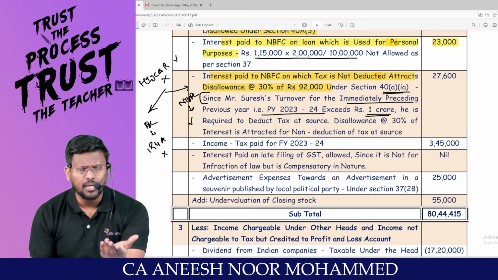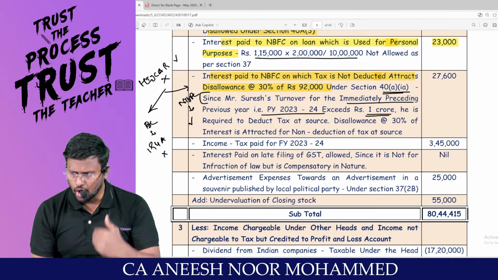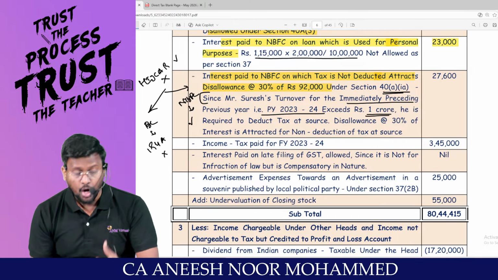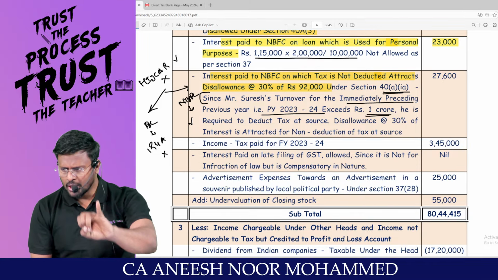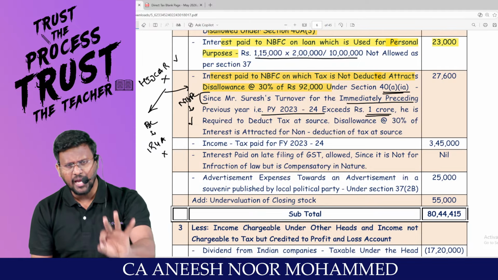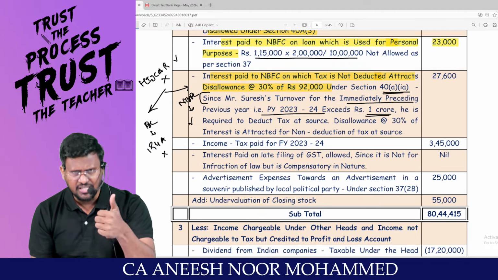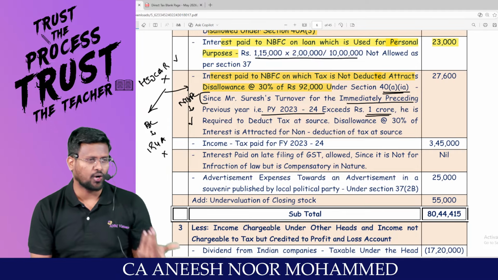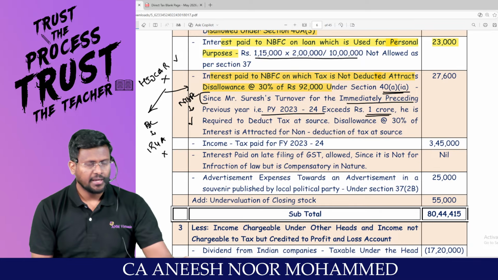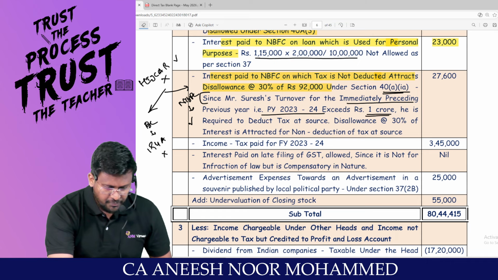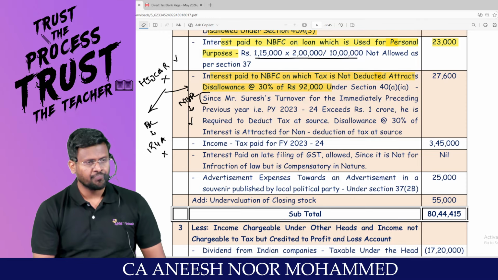Sir, in the immediately preceding previous year, my turnover does not exceed 1 crore in case of business or 50 lakhs in case of profession. In the current year, under 194H, 194I, 194J, 194A, 194C, 194R, you are not liable to deduct TDS. Question specifically highlighting that in the immediately preceding previous year, this guy's turnover exceeds 1 crore.